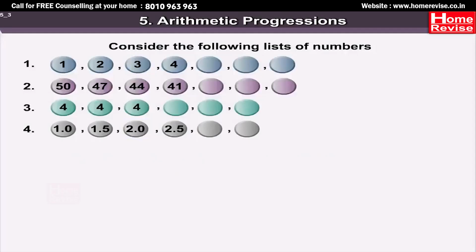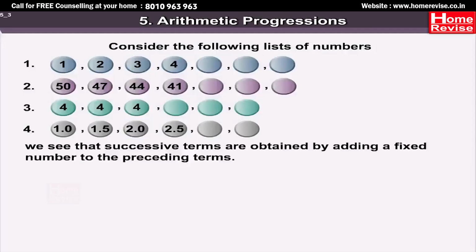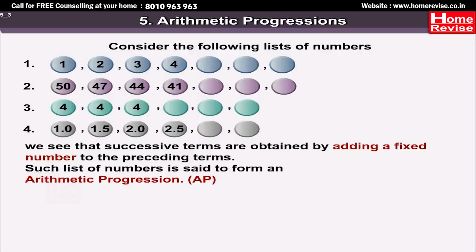In all the lists above, we see that successive terms are obtained by adding a fixed number to the preceding terms. Such a list of numbers is said to form an arithmetic progression, AP.